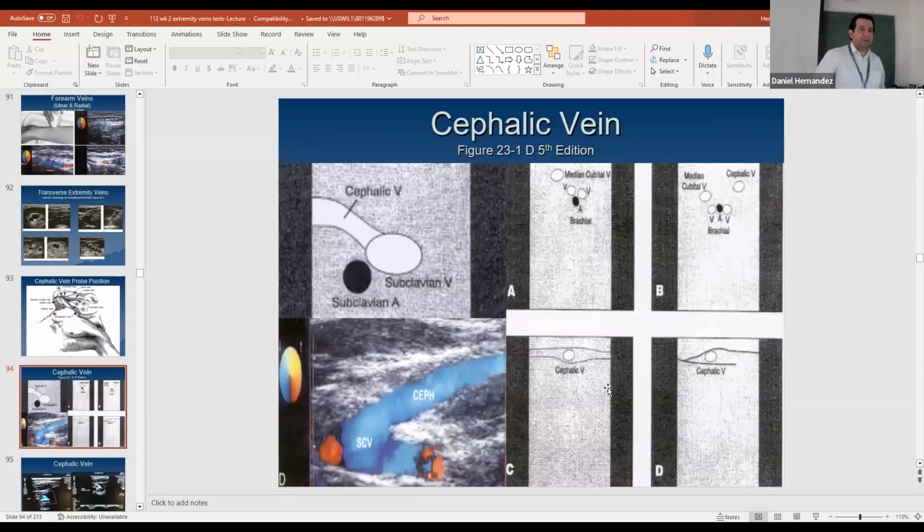So the cephalic vein, one of the superficial veins. We could potentially see it connecting to the patient's subclavian vein. So it's good practice, if the patient does have a thrombosed cephalic vein in their upper arm, and it's thrombosed as far up as you can see it in that upper arm, to see if you can find the origin.